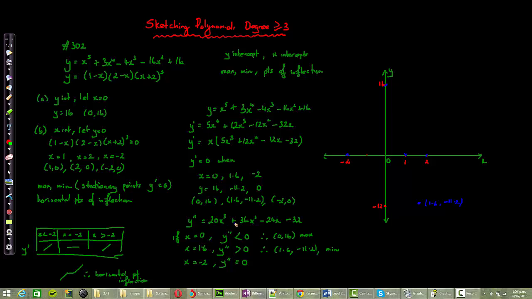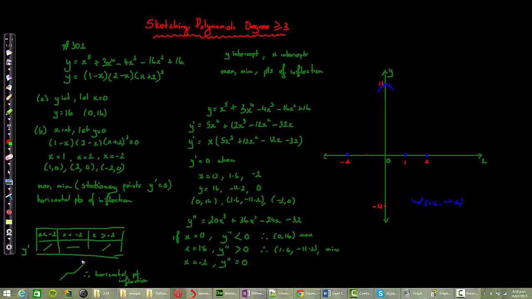Well, we know that when x is 0, in other words 0, 16 is a maximum. So on my graph, I'm going to just very roughly make that a maximum kind of point. 1.6, negative 11.2 was a minimum. So it's going to go down then back up there.